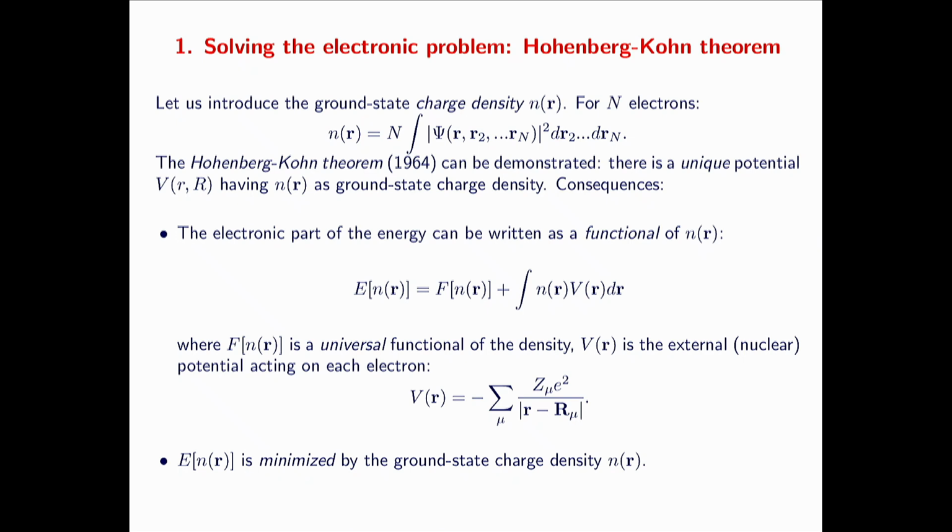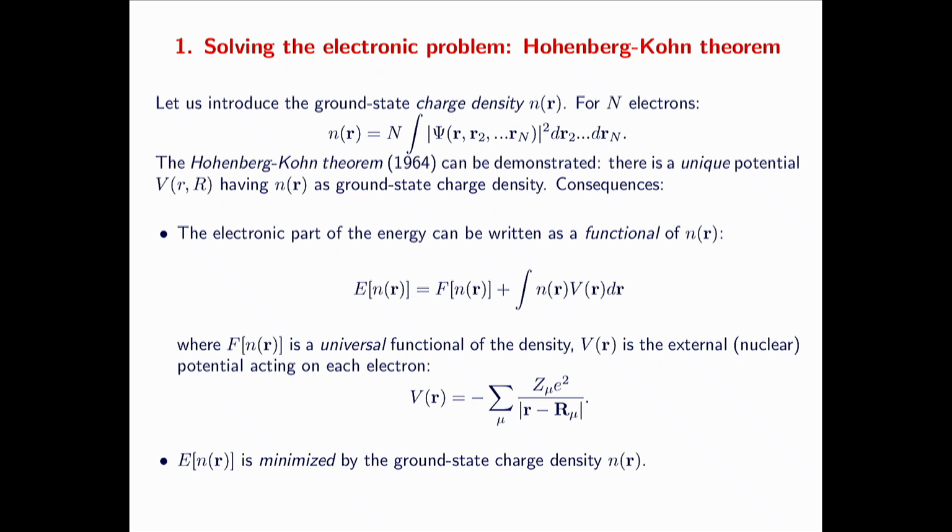So a functional of the charge density that can be written in this way as an interaction with the external potential, the potential of the nuclei over electrons, plus a universal functional that doesn't contain the external potential, this one, and that is universal, so it's the same for whatever system.